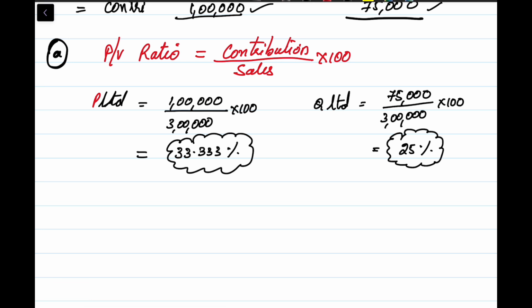Then break even point in sales. The formula for break even point in sales is fixed cost divided by PV ratio.